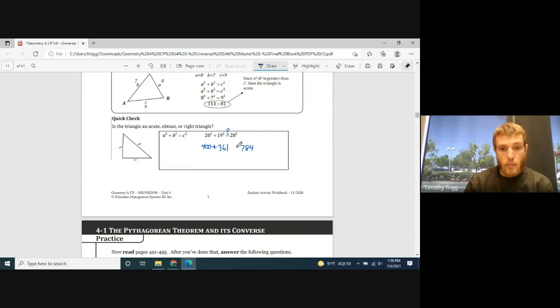We don't know if it's equal or not, so I'm going to put a question mark here. 400 plus 361, that's 761. Well, that's less than this one, 784. So since the c squared side is bigger, then we would say it's obtuse. So this is an obtuse triangle.